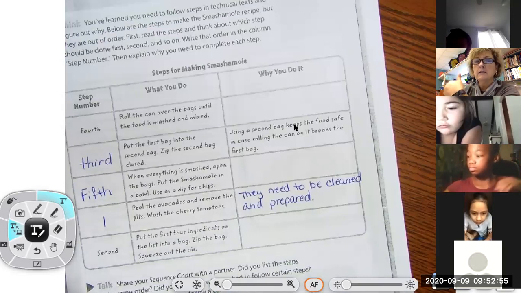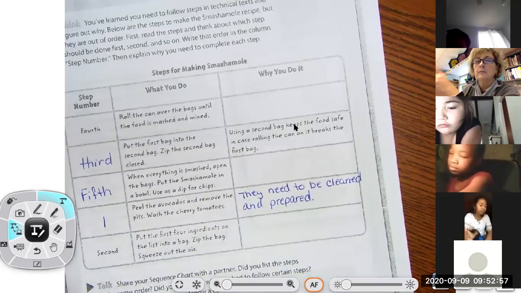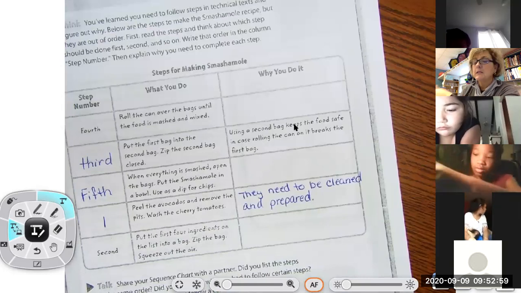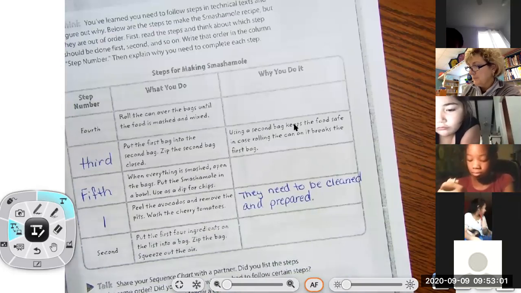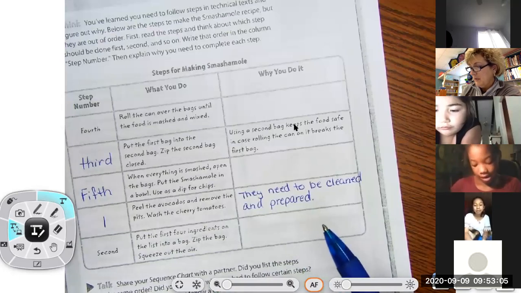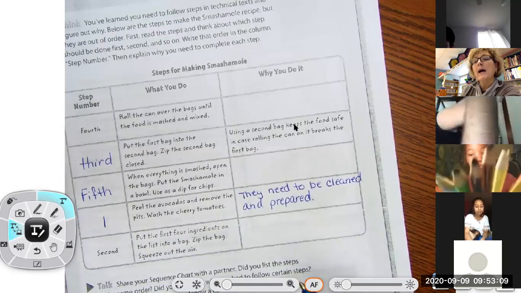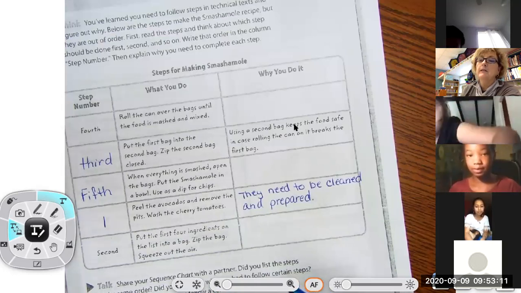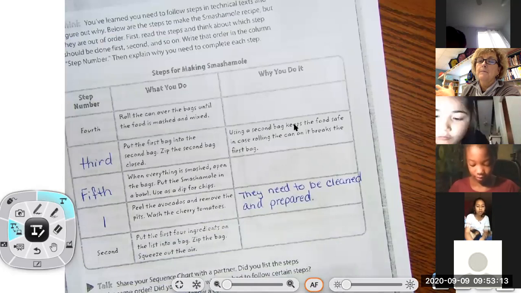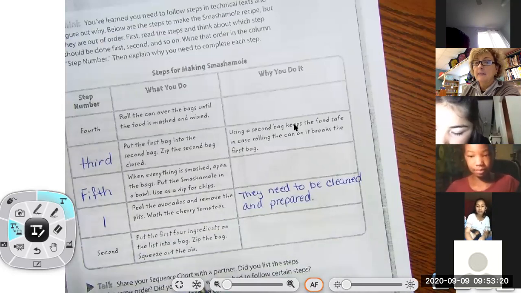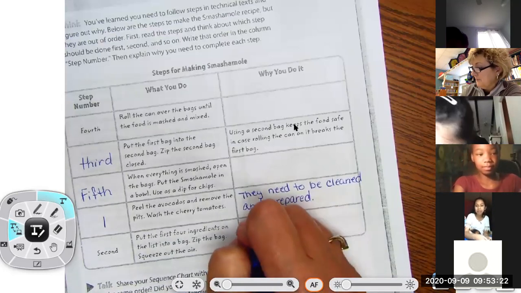According to what we read, okay, what we talked about, it's got specific steps. We cleaned and prepared it. That's what we said when we washed and peeled it. Okay, so then we put the first 4 ingredients into a bag. Why do you put them in the bag? Because they need to get what? Contained. They do need to be contained. So we contain them.